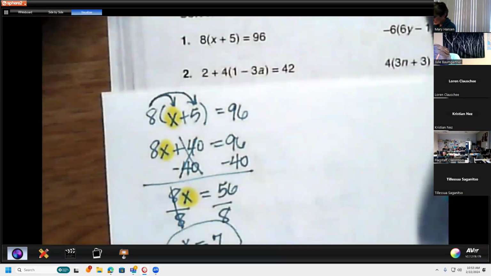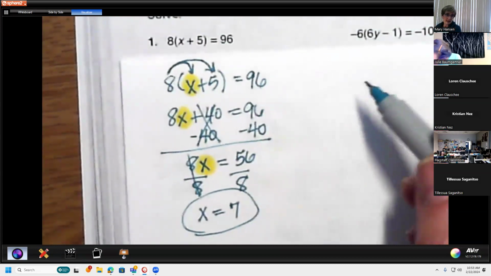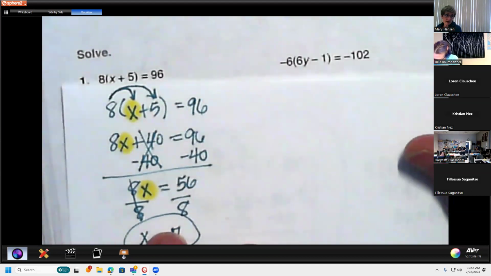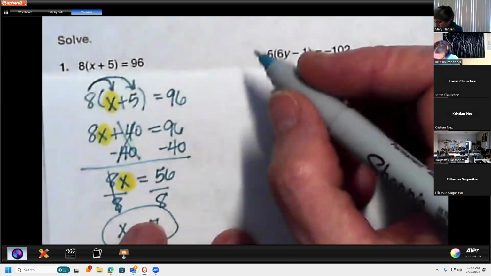Okay, let's try one next to it because it introduces something we haven't seen yet. It's the same property, but it's with some negatives.